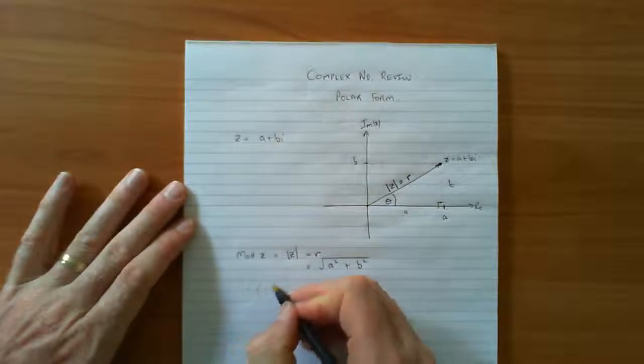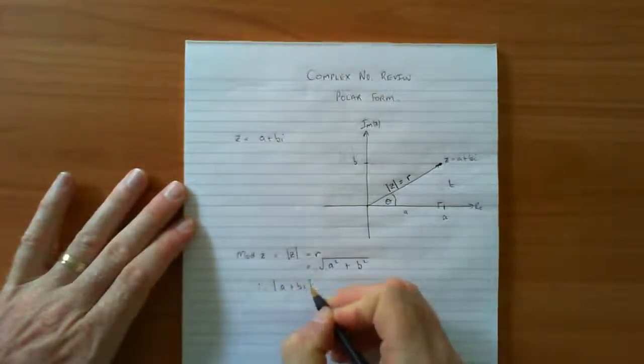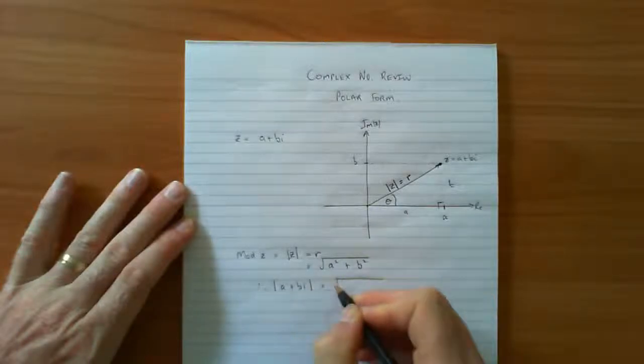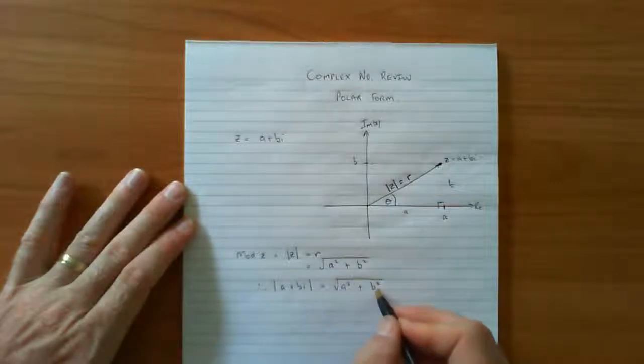In other words, the absolute value, or the modulus, of a plus bi is equal to the square root of the real part squared and the imaginary coefficient squared, a squared plus b squared.